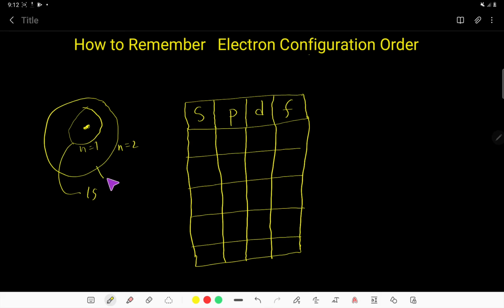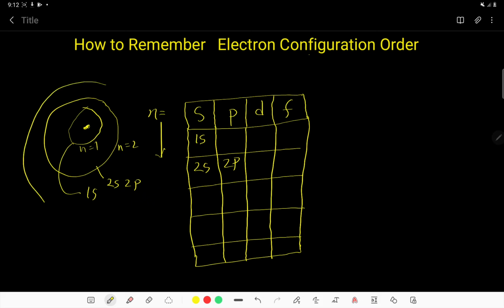The second shell has 2 subshells, 2s, 2p. So look, 1s is in the first shell, and I will write the value of n here, right? 1s in the first energy level, then 2s, 2p in the second energy level.